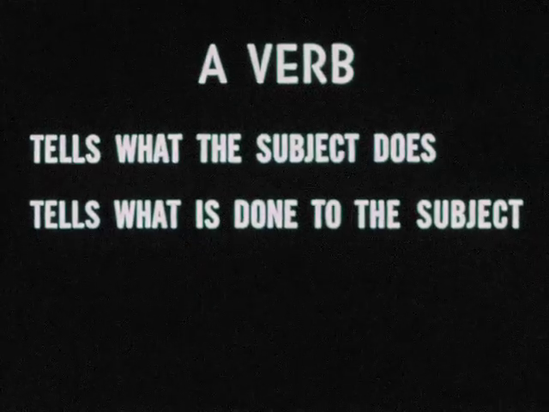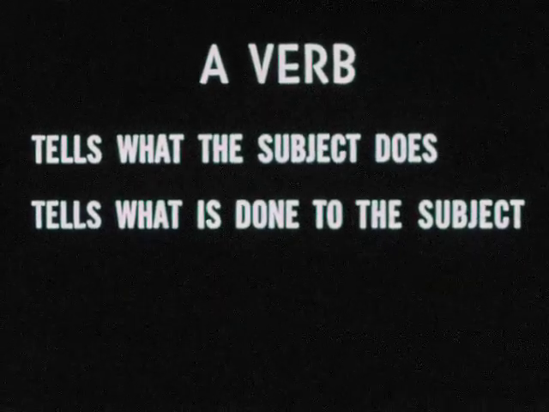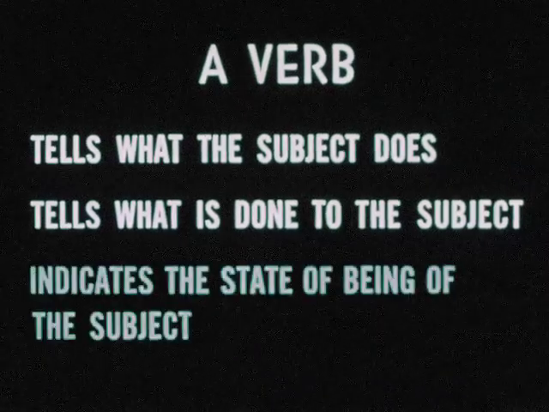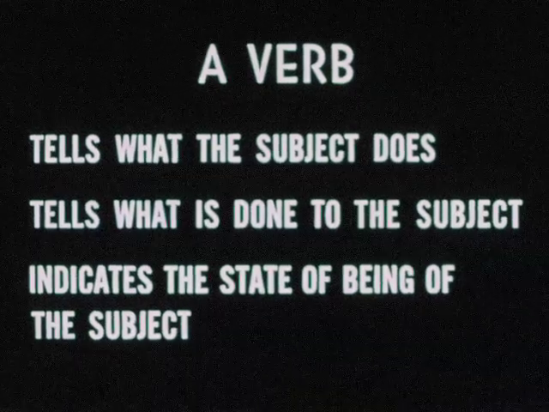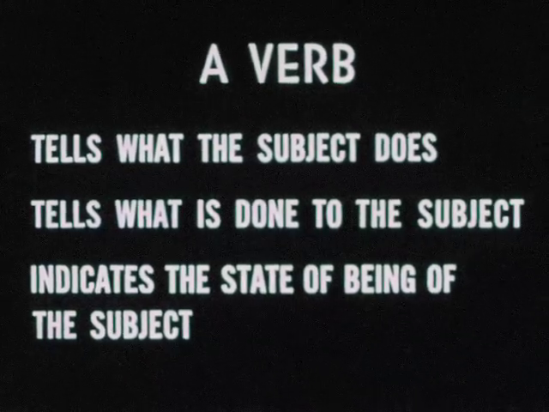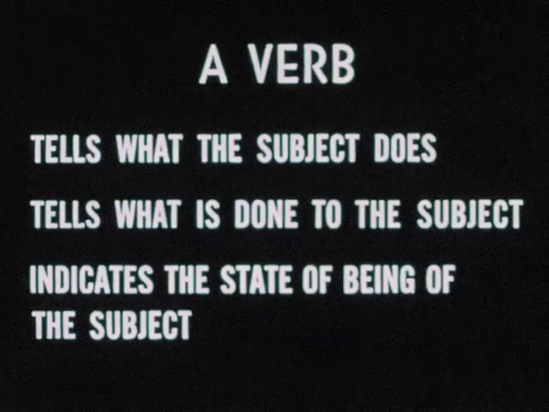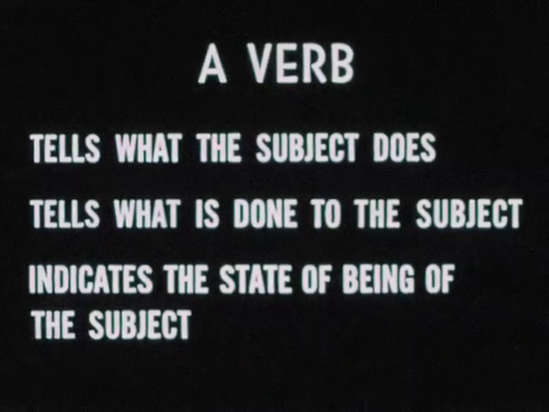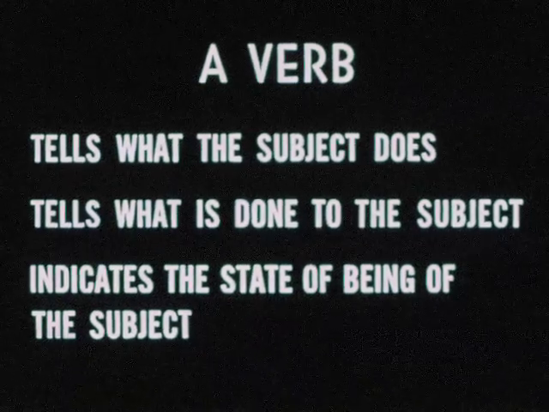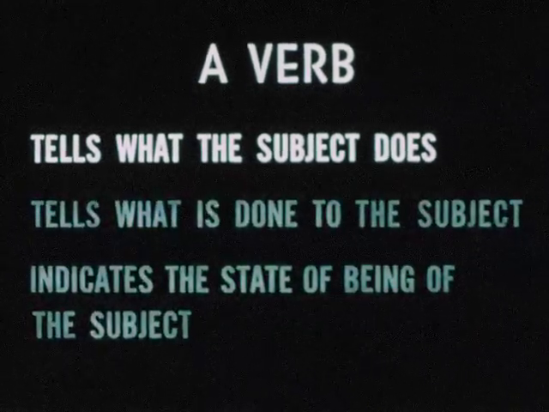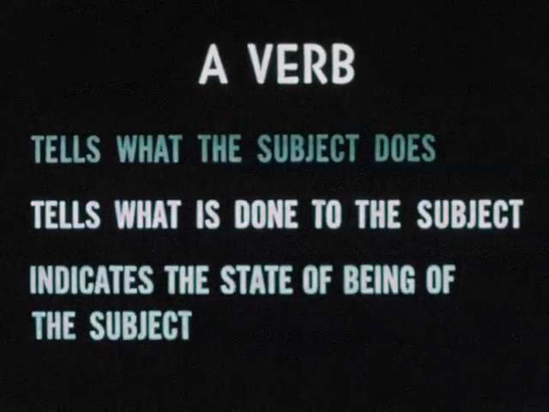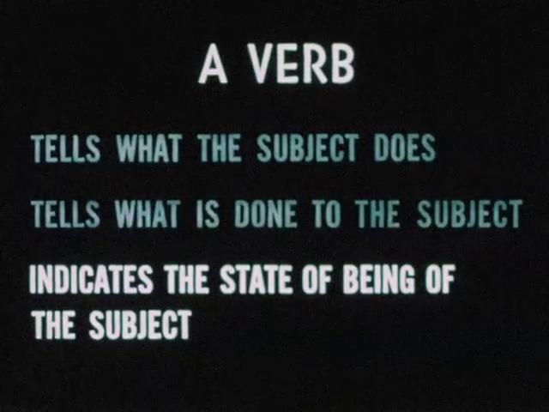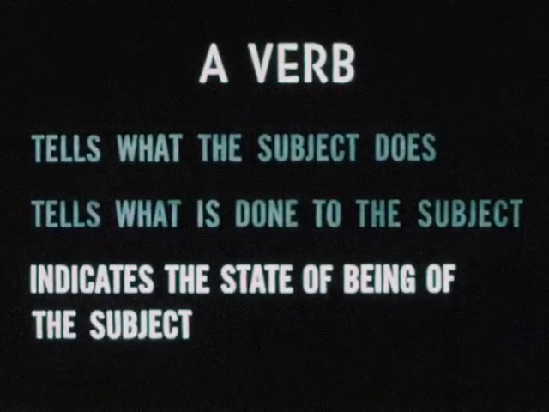So now to our chart we can add a verb is a word that also indicates the state of being of the subject. A verb in any sentence will do one of these three jobs. So we can recognize the verbs in sentences by looking for those words which tell what the subject does, tell what is done to the subject, or indicate the state of being of the subject.